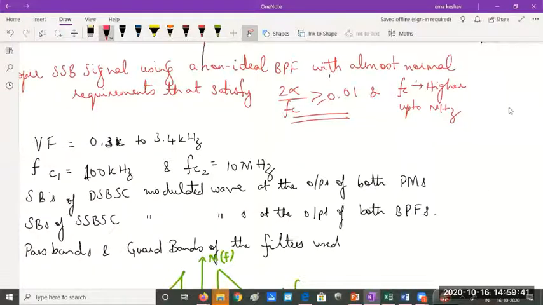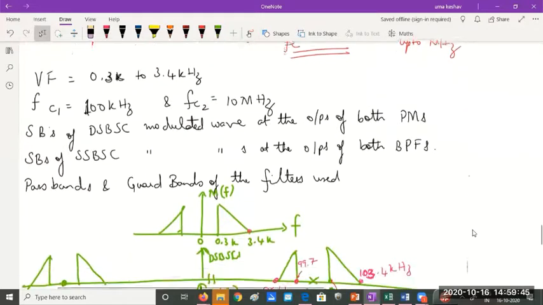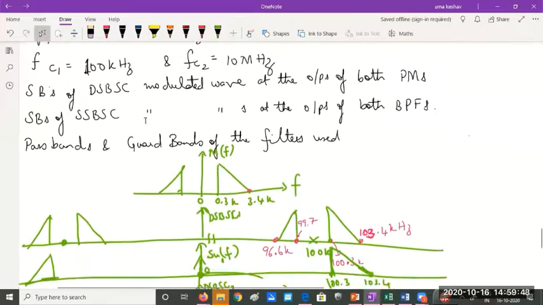Actually, we have already marked it here. You can simply, so what is the range? You can make a table and list it. I suggest you make a table and list all these things. So what are the things you need to list?